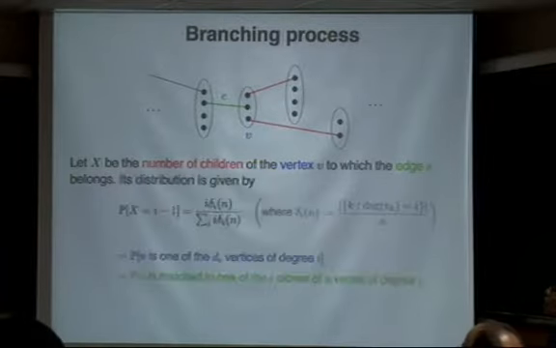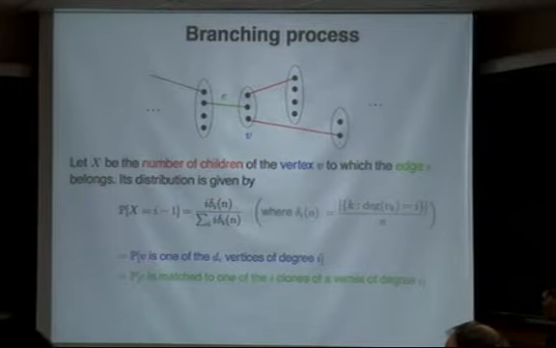Then it is easy to see that the probability that X, the number of children of vertex V, equals i minus 1 is equal to the probability that V is one of the D_i vertices of degree i. In other words, E is matched to one of the i clones of a vertex of degree i.